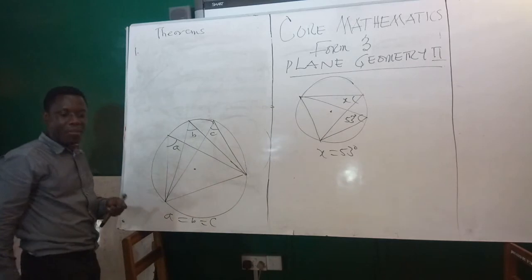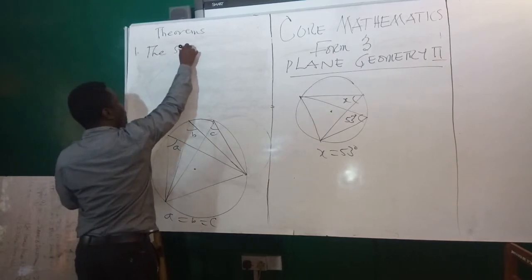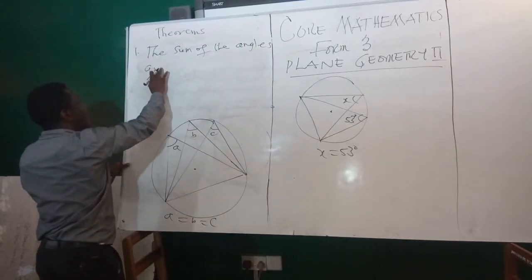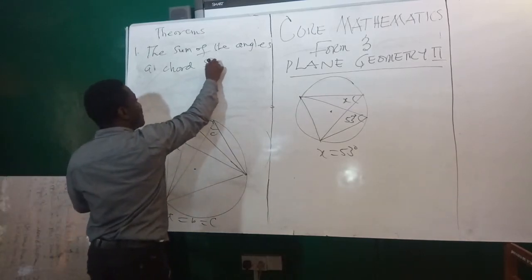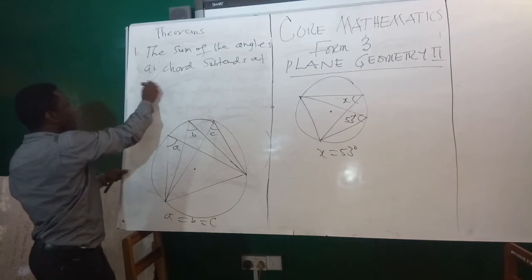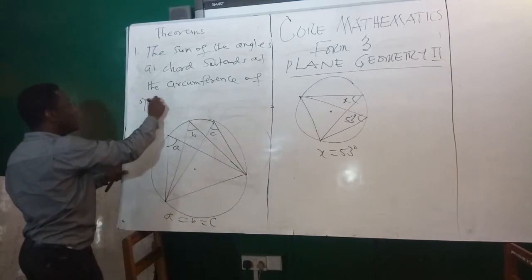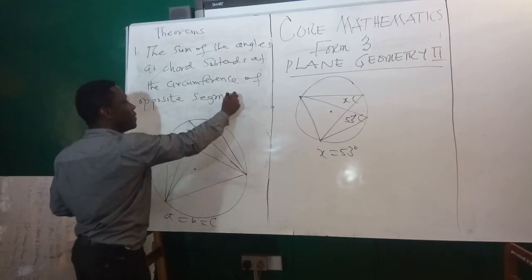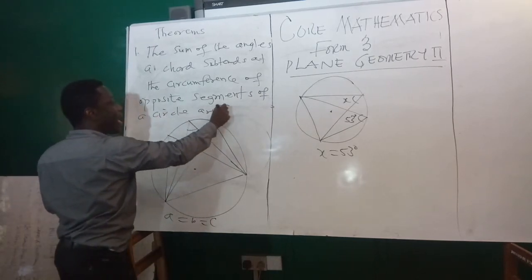Now the second one says, the sum of the angles a chord subtends at the circumference of opposite segments of a circle are supplementary.